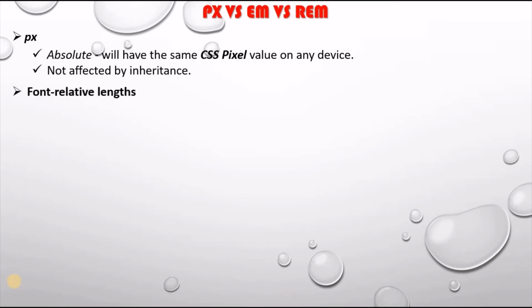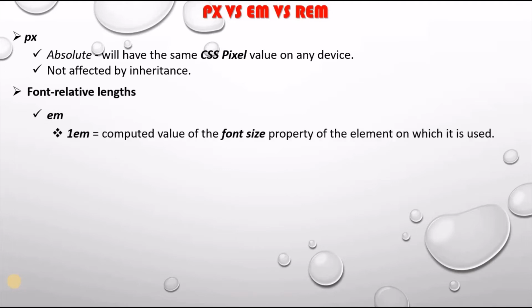Now, we move on to what we call font relative lengths. There are about 4 of them, but we only look at ems and rems because these are commonly used. First, we have a look at ems. Here we are looking at what they are in the context of an element, that is, if they are used in an element. So 1em is equal to the computed value of the font size property of the element on which it is used.